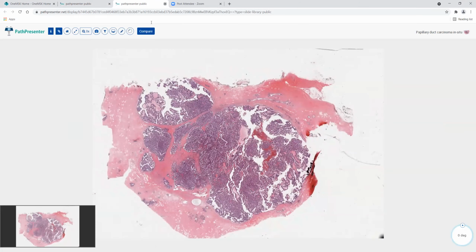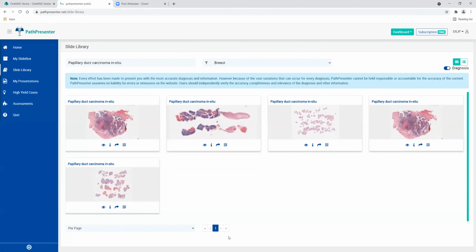It's the same thing here. I think these are the same exact images. Okay, so not many pictures. If we put encapsulated papillary carcinoma, let's see if we get anything.